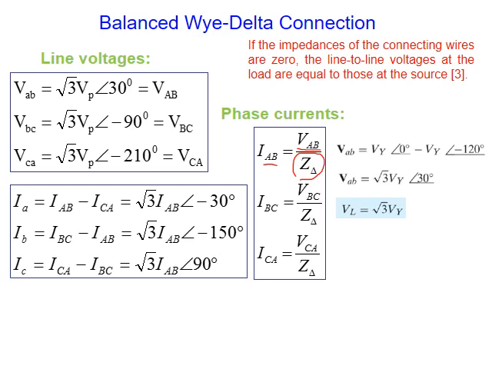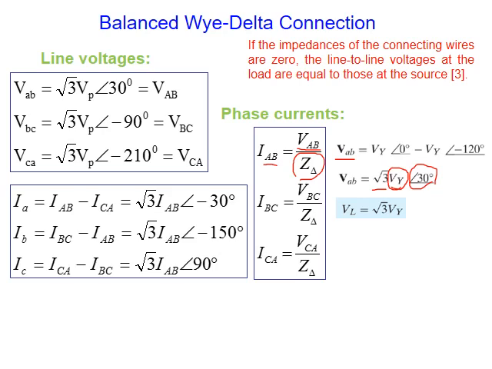You remember when we work with line-to-line voltage, VAB, between line A and line B, it is equal to square root 3 times the phase voltage, or line-to-neutral voltage, V_Y, with angle 30. We derived and proved this last session, and here we just remind you, because we need it here.